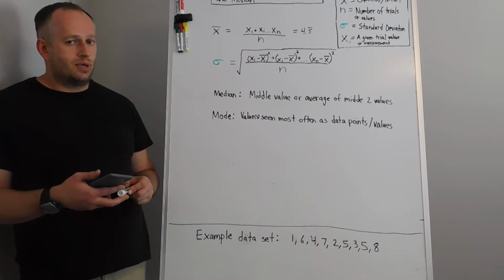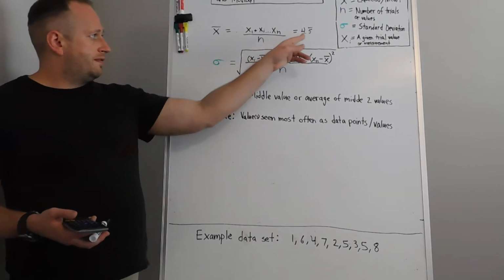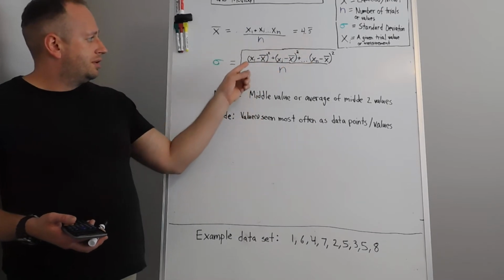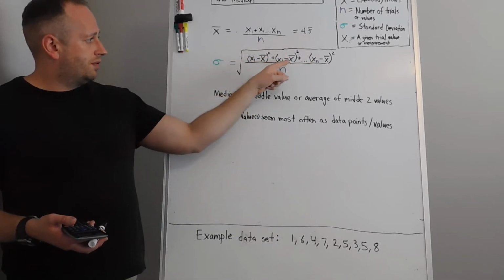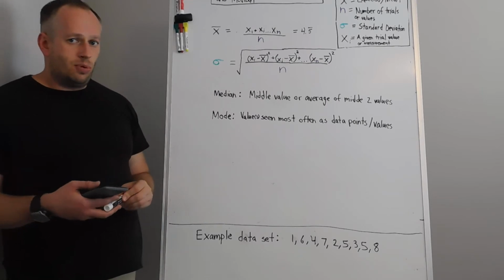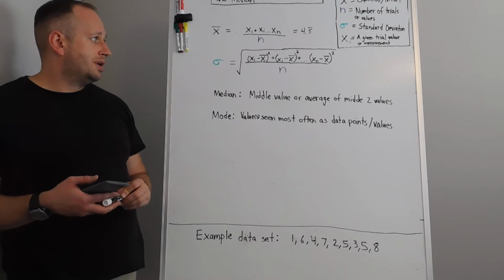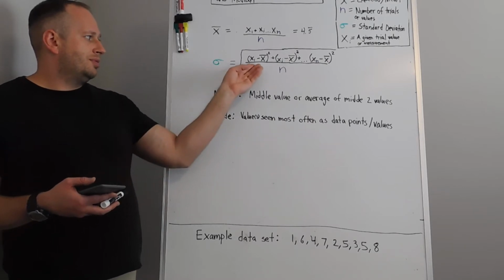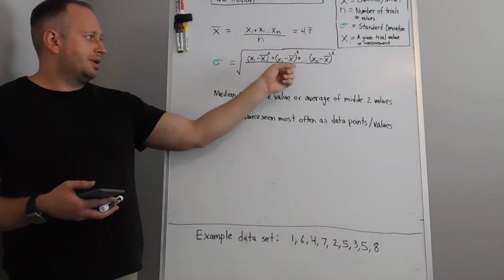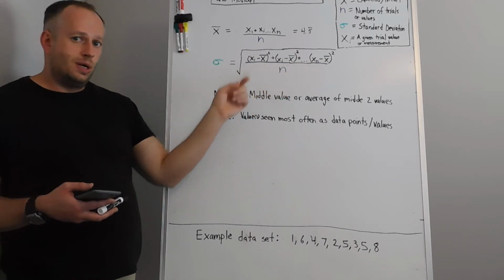It is a measure of how far apart they are. To do that, first we find the average, which we did, and that's what this X with the line over it is. Then we take each data point and subtract the average from it. You don't actually have to do it in that order, since we're going to square it and then take the square root again.